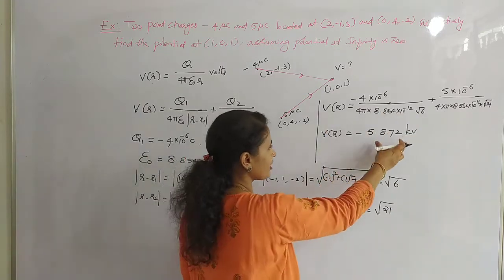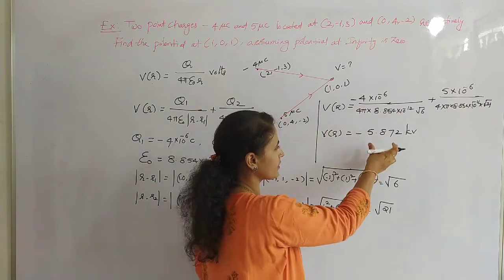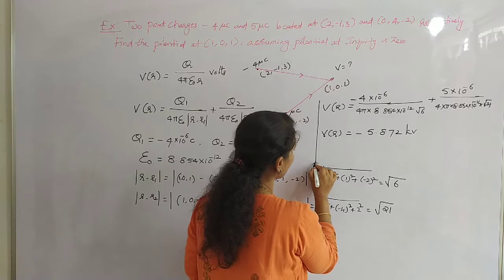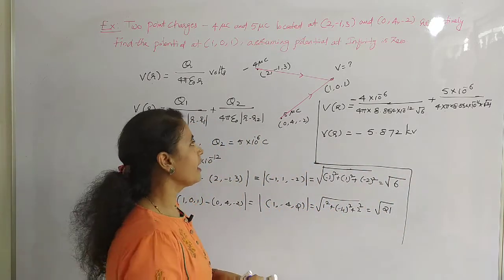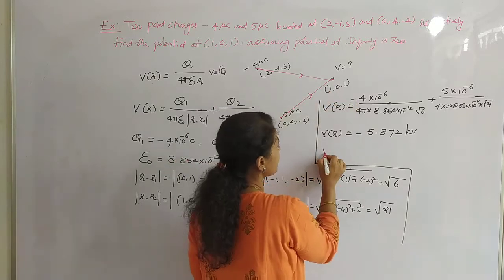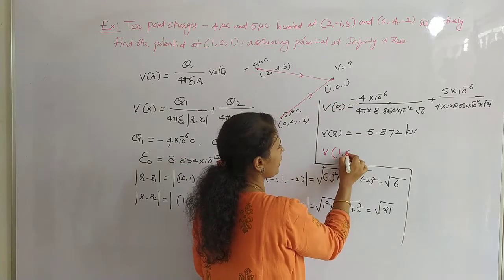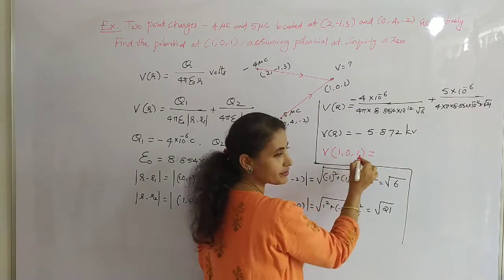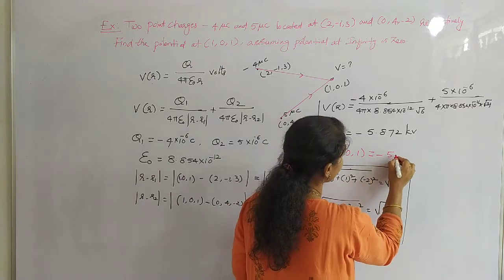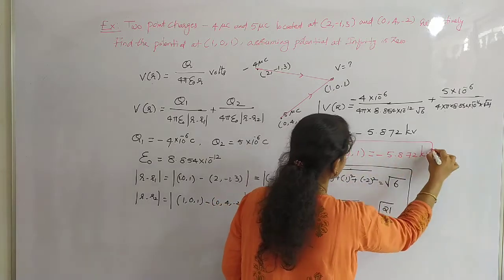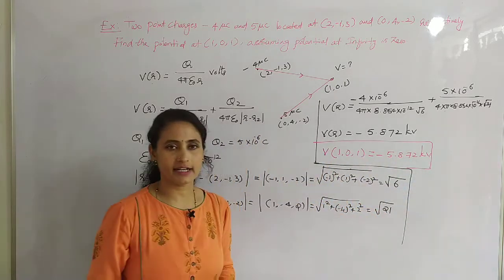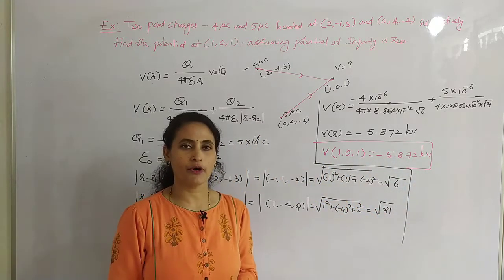It is a scalar quantity; we just got a magnitude. This is the electric potential at the given coordinates (1, 0, 1), which is -5.872 kilovolts. This is the electric potential due to the two given point charges.